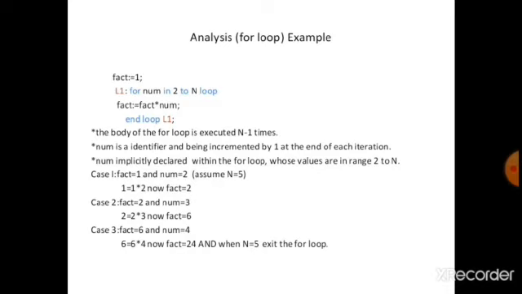And after executing this statement, there is a statement called the end of the loop. In the loop statement, this number should increase by 1 after the iteration scheme, because it should execute N minus 1 times.